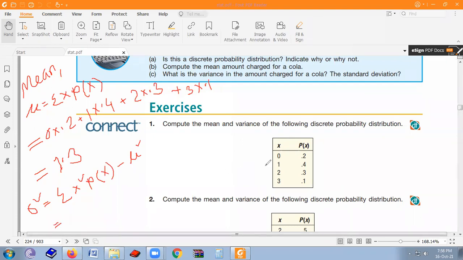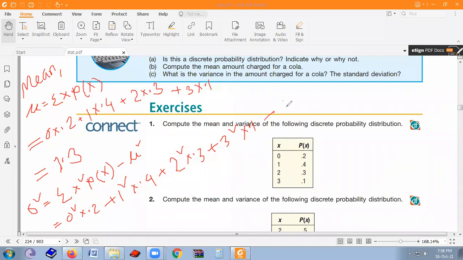So 0 square into 0.2, plus 1 square into 0.4, plus 2 square into 0.3, plus 3 square into 0.1, minus mu square.